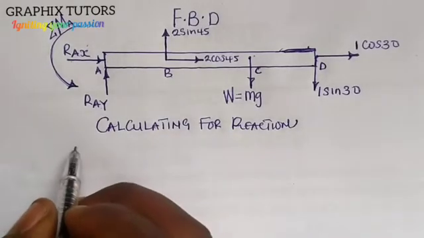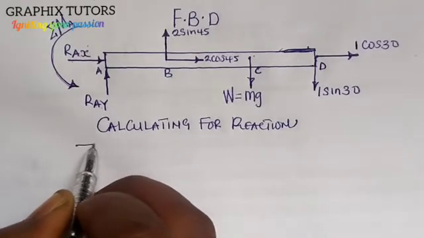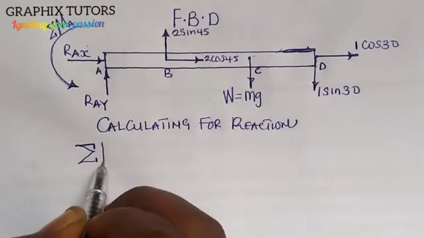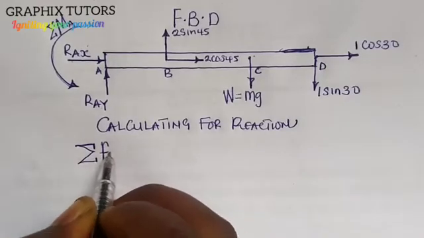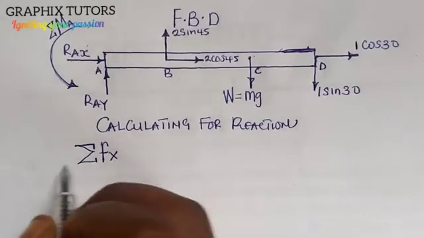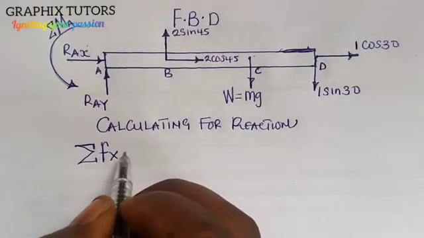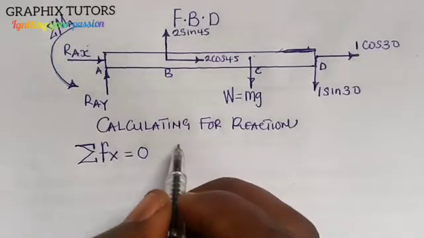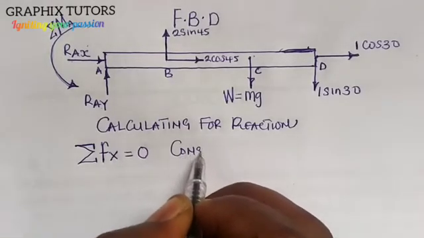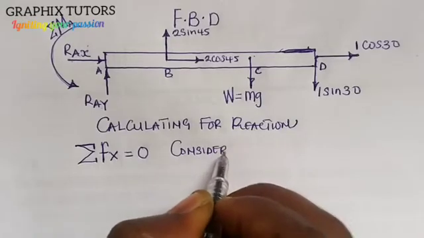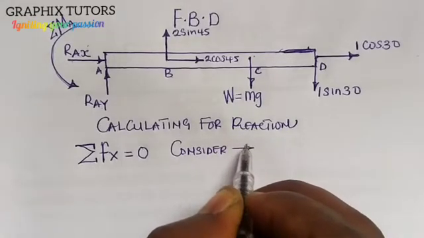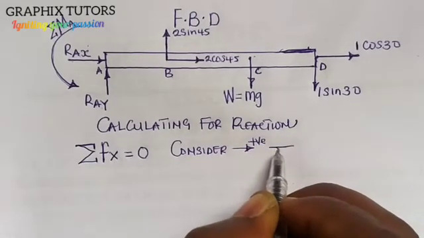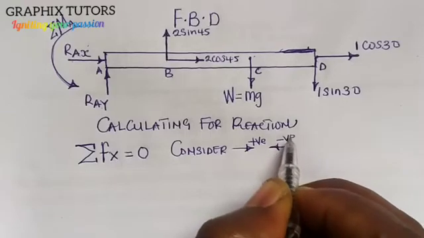And the first condition for equilibrium is saying that what? The summation of all the horizontal components, or all the forces acting along x-axis, is equals to 0, right? Now for our condition, we need to consider the forces acting towards the right to be positive and the forces acting towards the left to be negative, right?